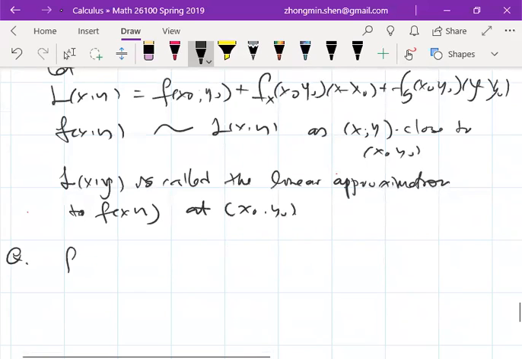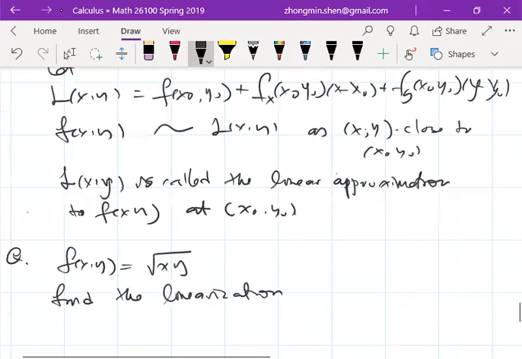So here's f of x, y equals the square root of x times y. Find the linearization L of x, y for the function f at the point 1 and 4.